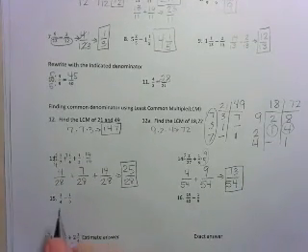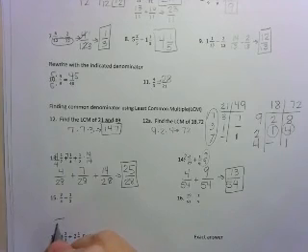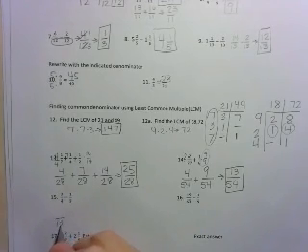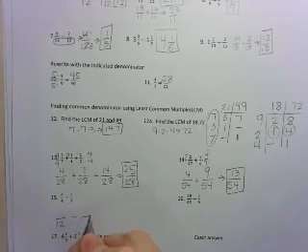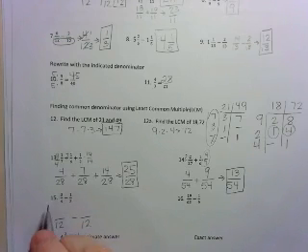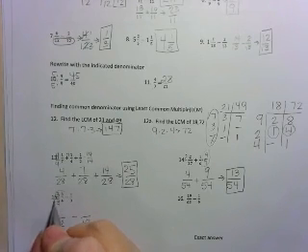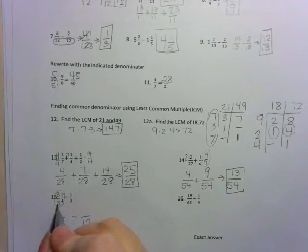Now when I go to a subtraction, I also need a common denominator. Between 3 and 4, my common denominator would be 12. Four times 3 gives me 12. So I'm multiplying this fraction by 3 over 3, which is 1.